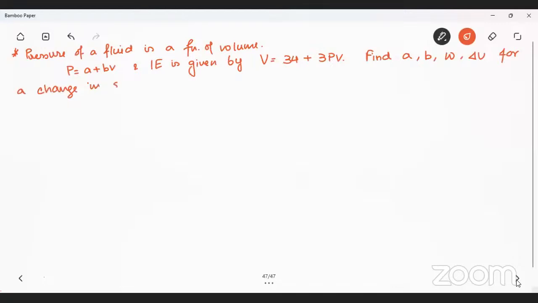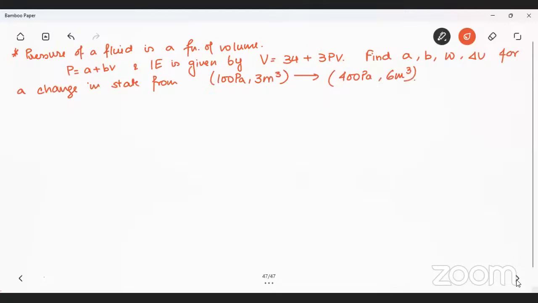This is the exam question. The numericals I have forgotten, but this is the exam question. For the state change from, suppose, 100 Pascal, 3 meter cube to, imagine, 400 Pascals, 6 meter cube.